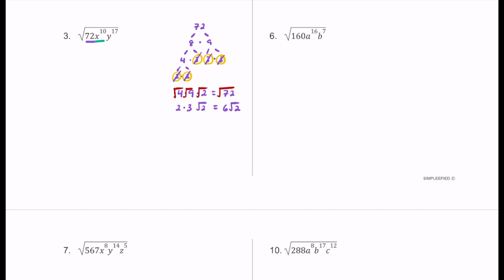So we have this x to the 10th power. Let's go ahead and take x to the 10th power. Keep in mind, if we take the square root of any even power, then the square root of x to the 10th just becomes x to the 5th, because x to the 5th times x to the 5th is x to the 10th. And then this y to the 17th power, what I recommend that you just think about is, okay, 17, that can break into y to the 16, right?